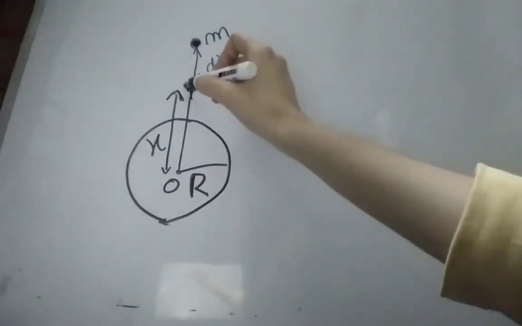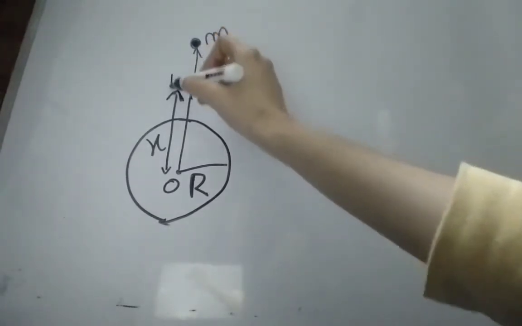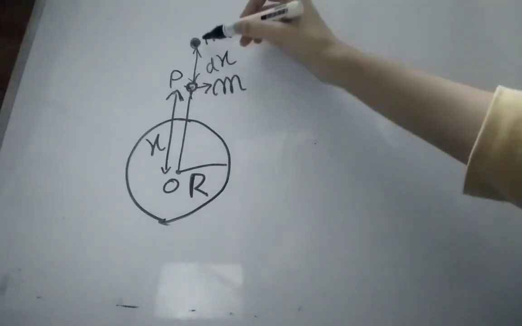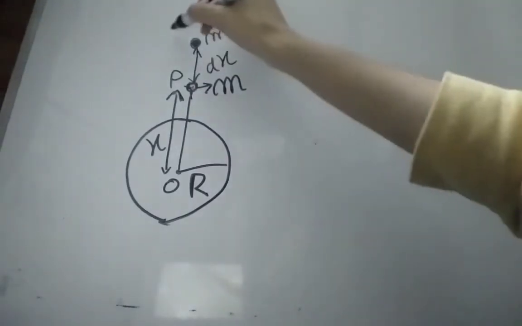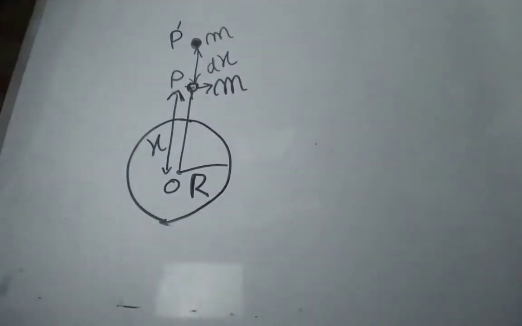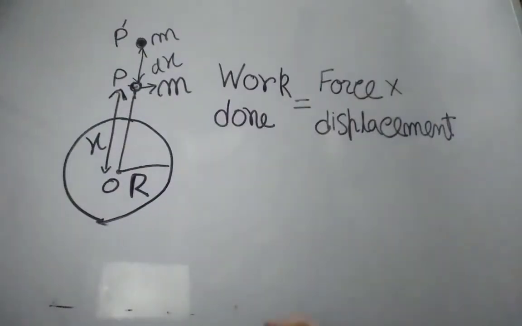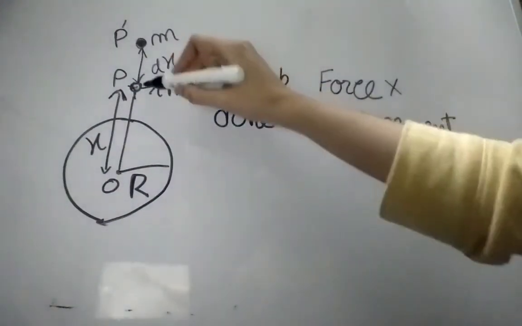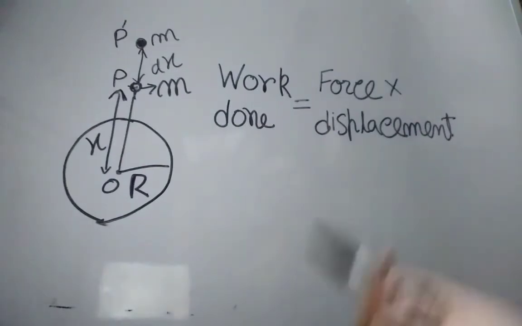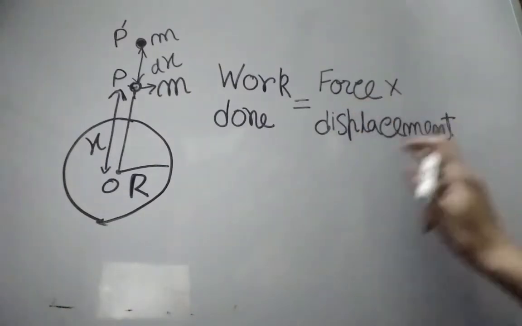If the name of this position is P, then we will move it in the upward direction by a distance dx, and the new position is P dash. Now we know that if we move this object from the position P to P dash, work will be done on the object, and work done equals force into displacement.